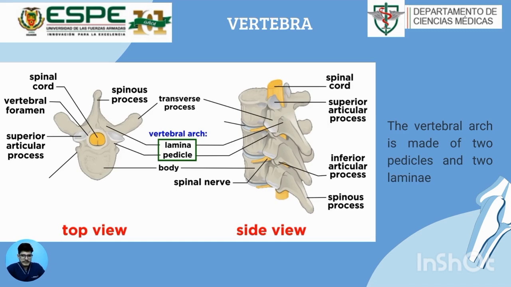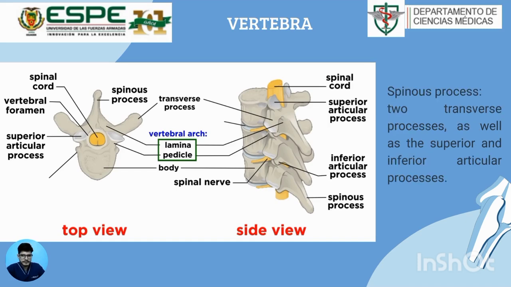Vertebrae vary slightly depending on where they are found in the column. Cervical vertebrae, for instance, have a spinous process that is very short, a vertebral foramen that is large, and an additional transverse foramen to accommodate vertebral arteries.